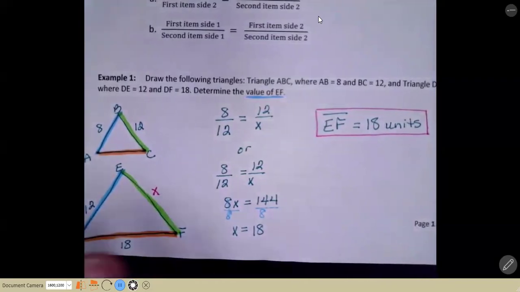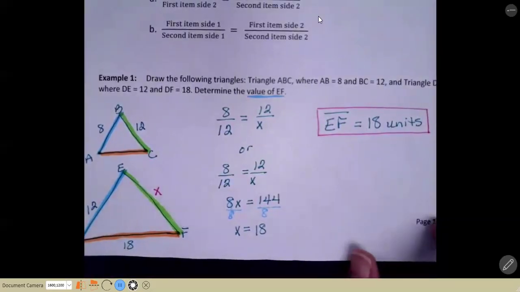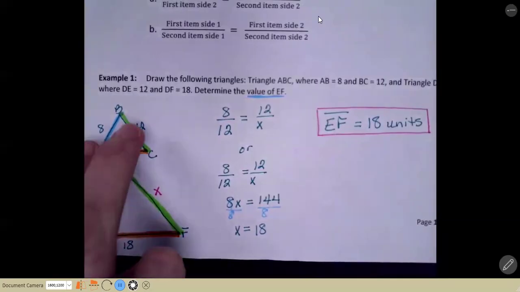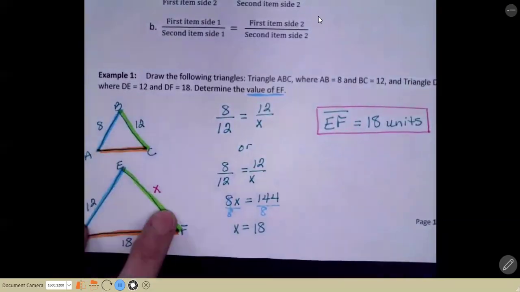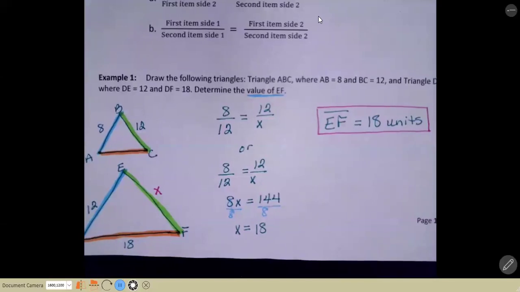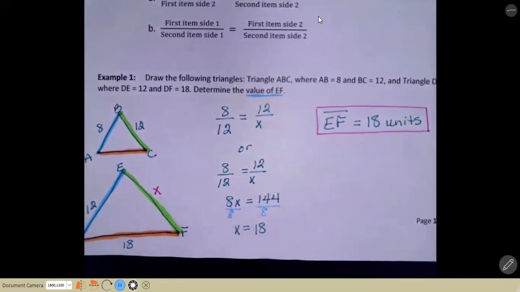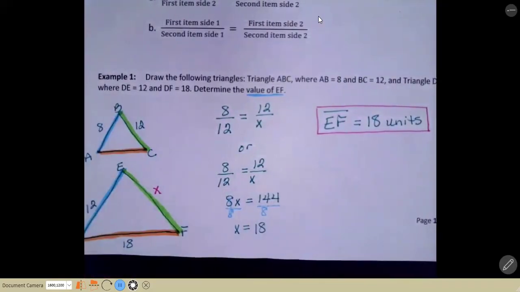I need to change these. Brady said big over small, or the colored sides over the colored sides. Either one, it doesn't matter. But the order matters as long as you're using proportional sides or the same triangle over the other triangle.